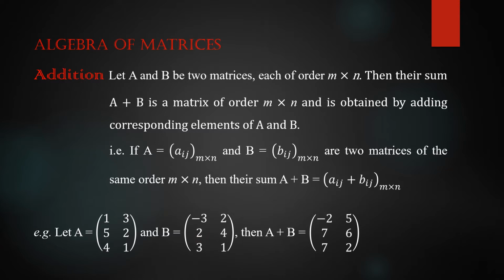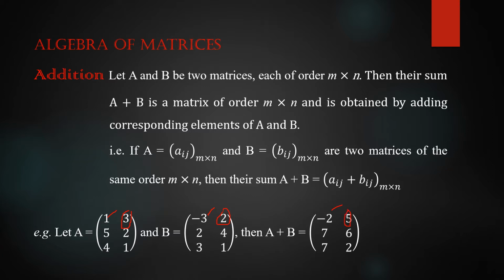I am taking a pointer here, you see this one should be added to this 3, okay, and the result will be written here. You see 1 minus 3 will be equal to minus 2, and in a similar manner this 3 will be added to this 2 and should be written in here, 5, okay.